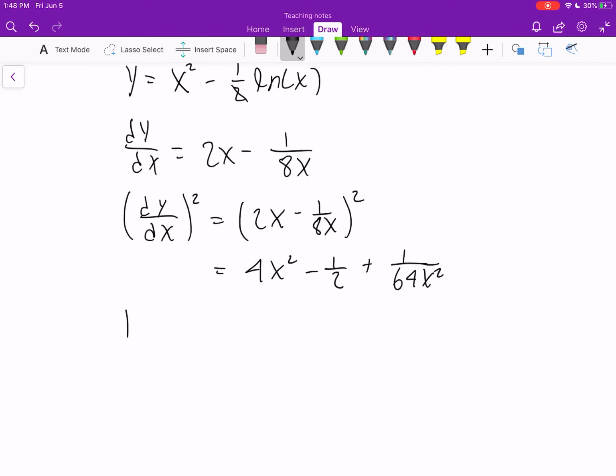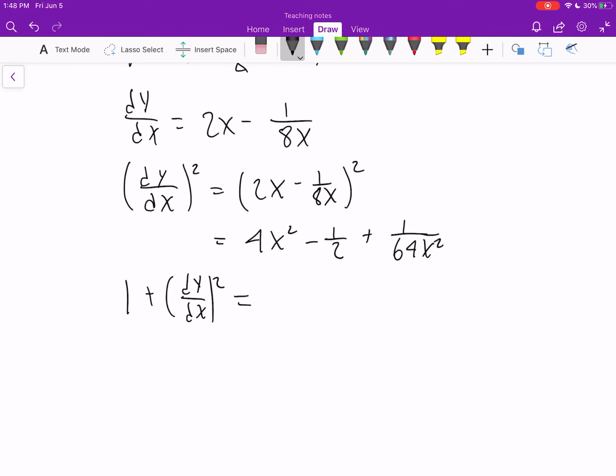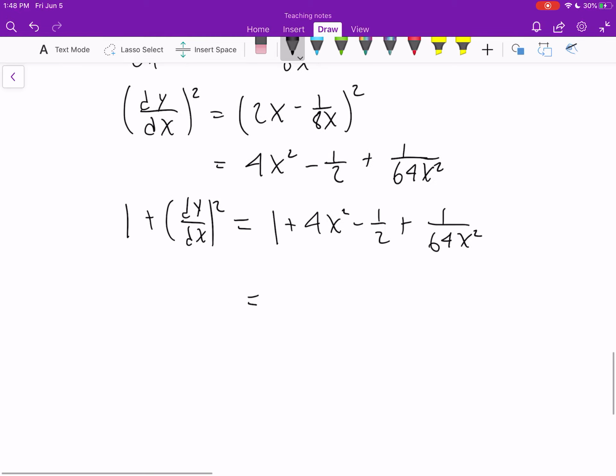So now I'm going to calculate 1 plus (dy/dx) squared. I'm just trying to make this as easy as I can, so it's simplified as much as possible before I plug it into the formula. This is going to be 1 plus 4x squared minus 1/2 plus 1 over 64x squared. And so this is equal to 1/2 plus 4x squared plus 1 over 64x squared.